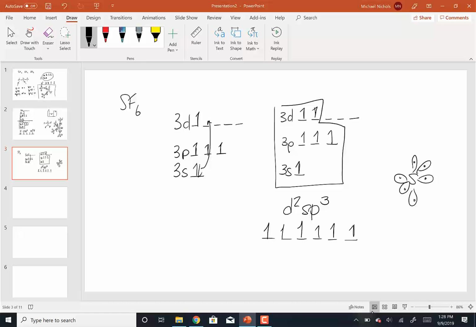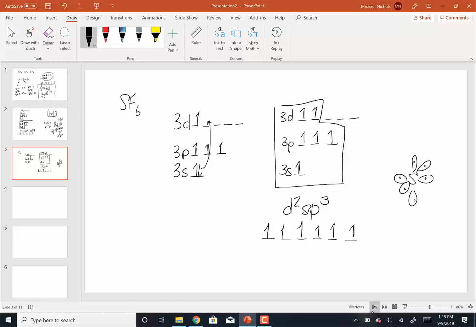So again, the whole idea here is, first of all, we have to figure out the hybridization. If I give you a structure, you're going to do that by the number of lone pairs plus the number of sigma bonds. That gives you the number of hybrid orbitals. Once you know the number of hybrid orbitals, it's going to be anywhere from 2 to 6, sp to d2sp3.